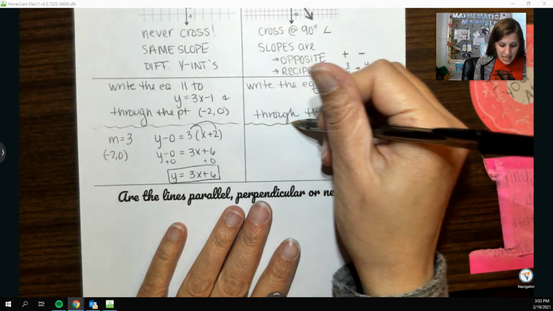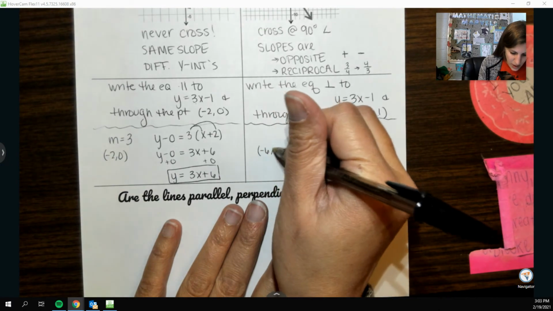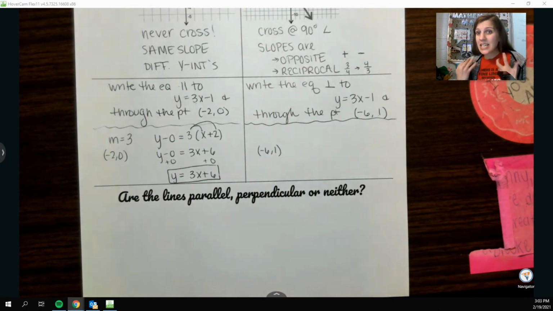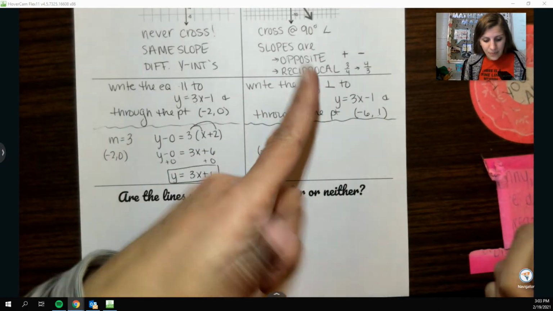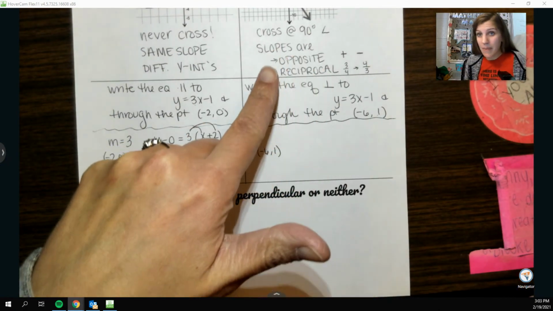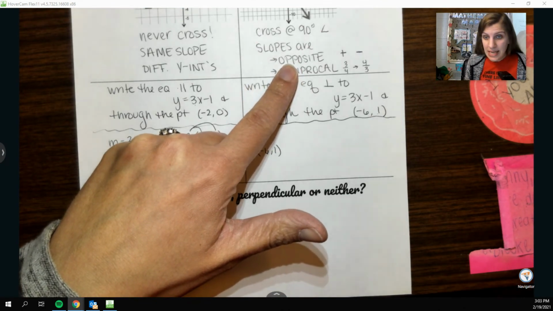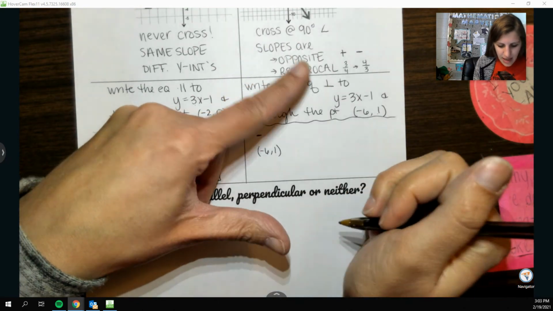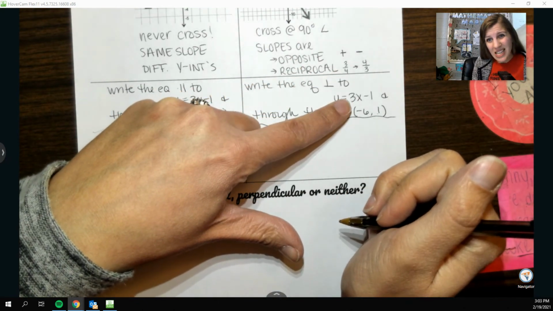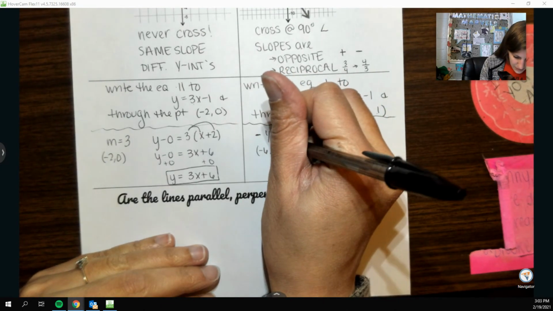Again, just like the last one, I need to use that point, -6 comma 1, and I need to do something with the slope. Now, this time, because I'm perpendicular, my slope is not the same. It needs to be the opposite. So this one's positive, mine will be negative, and reciprocal. So since it's 3, I need to flip it over for 1/3.